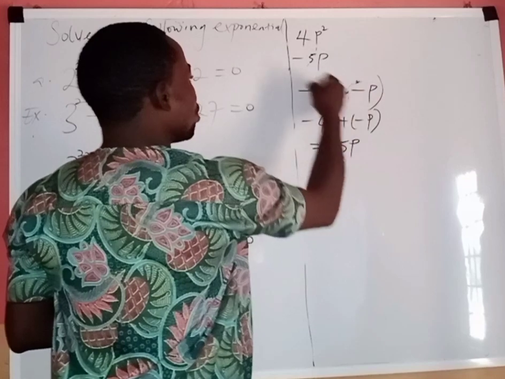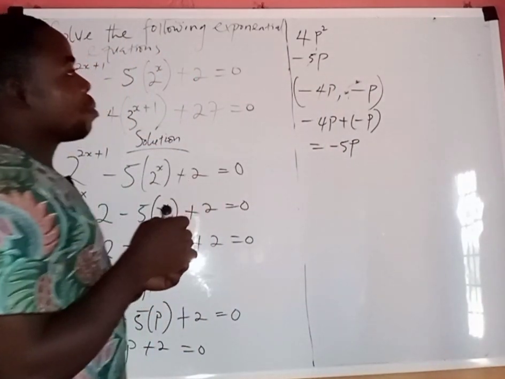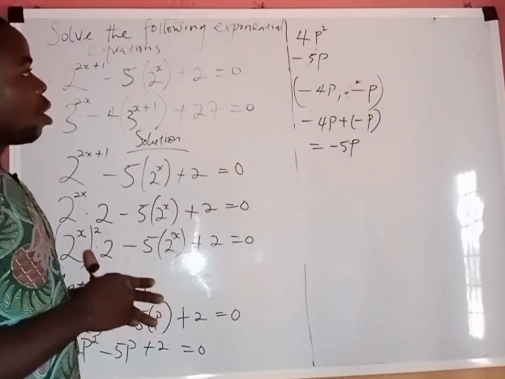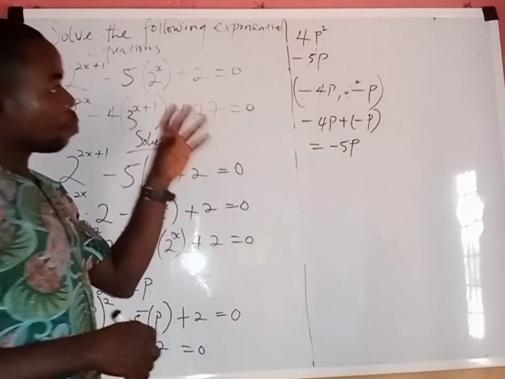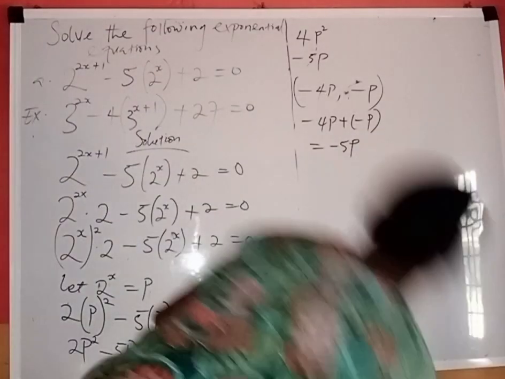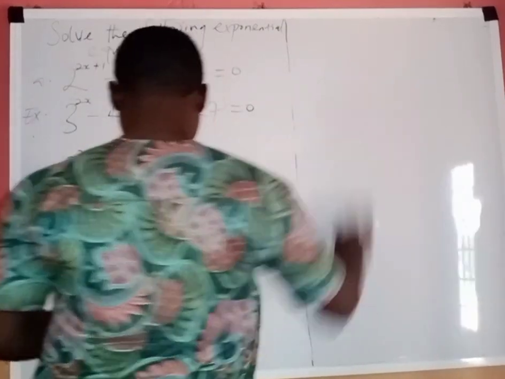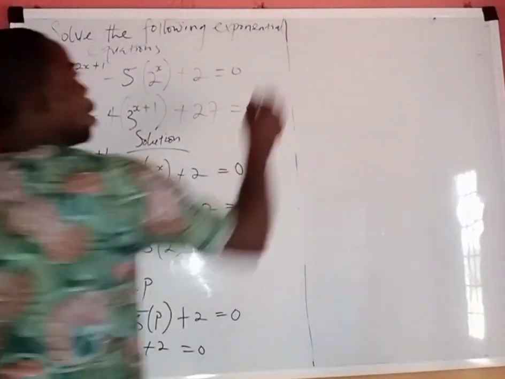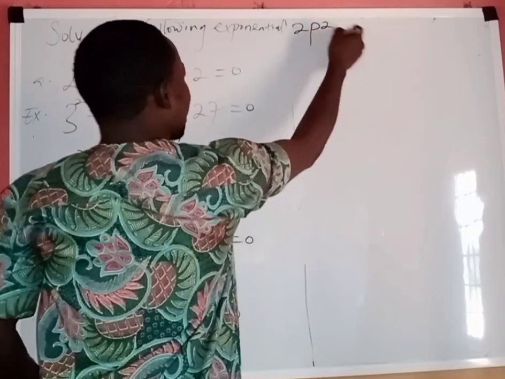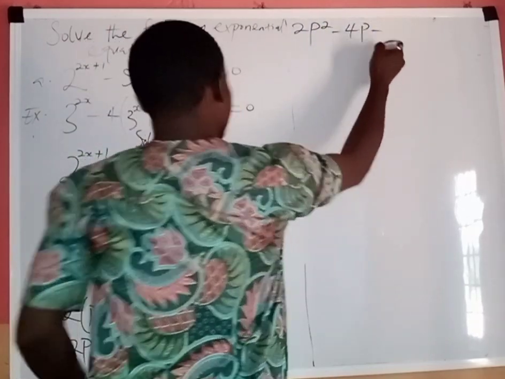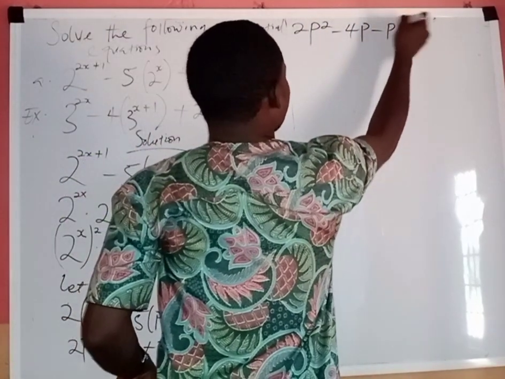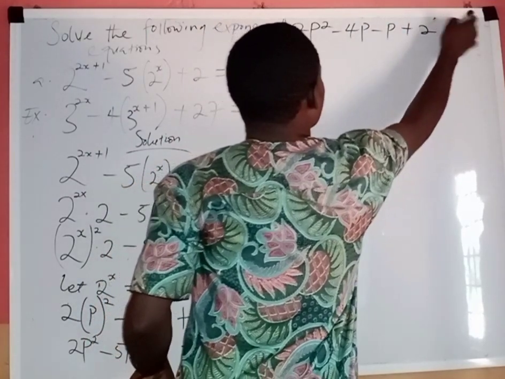So we are going to use these two factors, minus p and minus 4p. Let me erase it and substitute those two factors. Putting it here, we have 2p squared minus 4p minus p plus 2 is equal to 0.